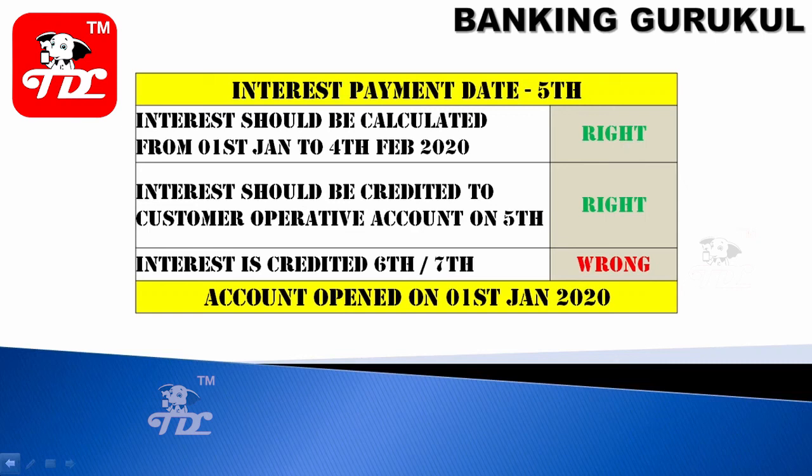From 1st January to 4th February interest will be credited and it is ready for withdrawal. The customer can withdraw, so this is a right scenario. If interest is credited on the 6th or 7th, it is a wrong scenario because you selected the 5th. On the 5th, interest should be credited to the customer's operative account. This is a correct scenario.